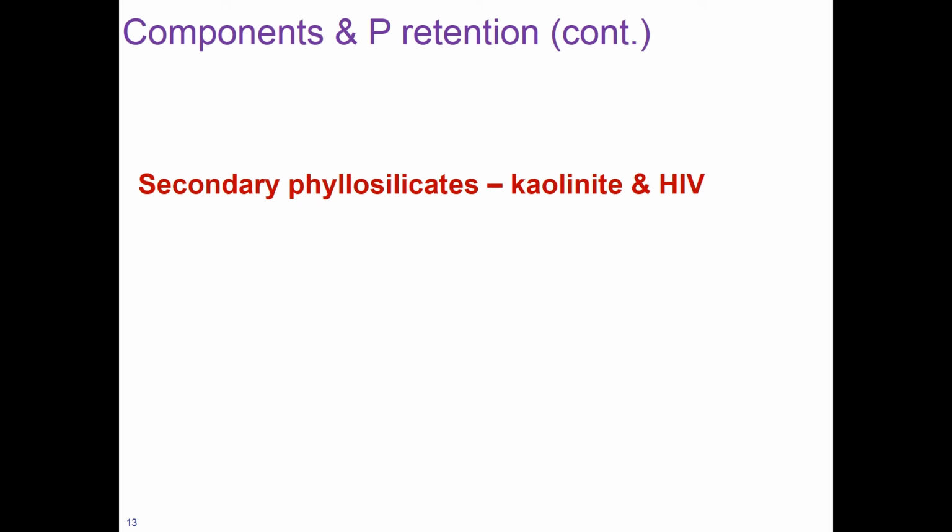Secondary phyllosilicates such as kaolinite and hydroxylated vermiculite also impart some phosphorus retention capacity to soils. They are found in soils that have color, such as the E horizons of sandy soils that have coated sands, and particularly in BT horizons of these soils.